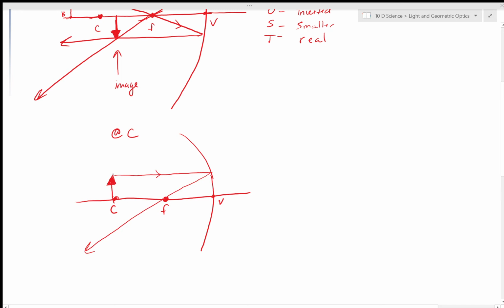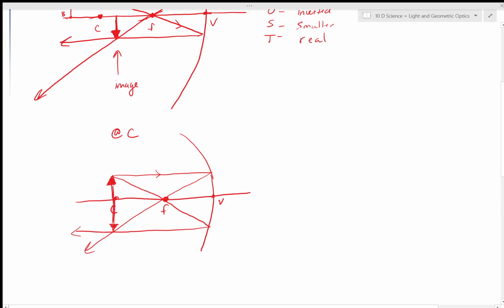And you'll have your second ray, which will travel from the tip of the arrow through the focal point, extend its way down, and then, of course, travel across into infinity. And where those 2 rays meet, you can produce your image.